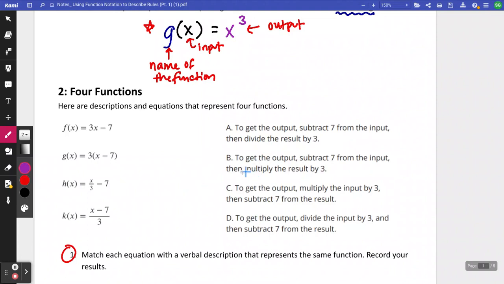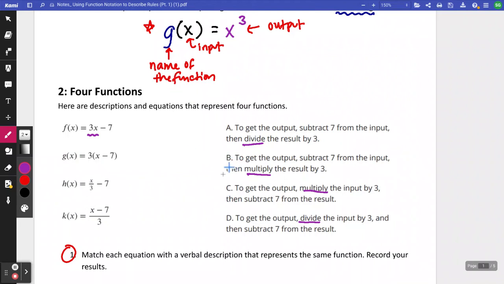But as I'm comparing them, I see this one here is talking about division. This one is multiplication. This one also mentions multiplication. And this one also mentions division. These first 2 here are my 2 that have multiplication. I know this because 3x means 3 times x, and that 3 in front of those parentheses also means multiplication. So I know function f and function g are going to have to match up with b or c. It's just a matter of which one goes with which.